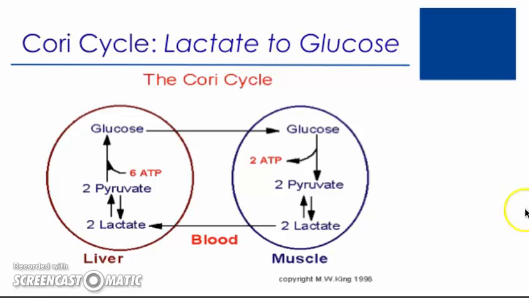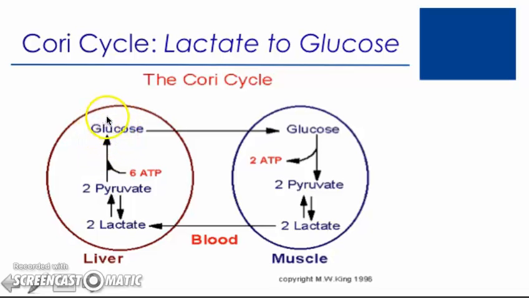Here we see in this diagram that the lactate formed in the muscle during anaerobic exercise will exit the muscle cell, enter circulation, and will then be taken up by the liver. Those 2 lactate then will be converted to 2 pyruvate, and then in the process of gluconeogenesis, the 2 pyruvate will be converted to glucose.